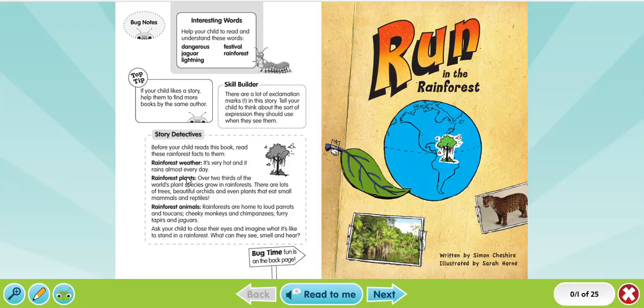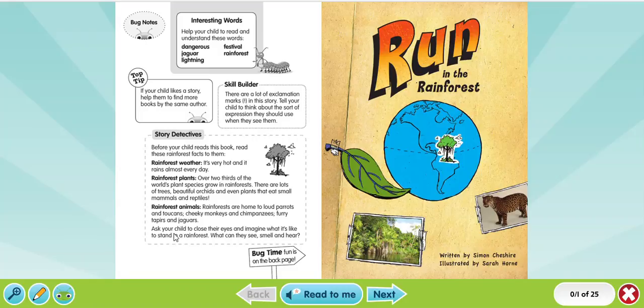So the plants are carnivores. Remember that word? Carnivores are animals that eat meat or other animals. So some plants in the rainforest eat animals. This is very interesting, I think.